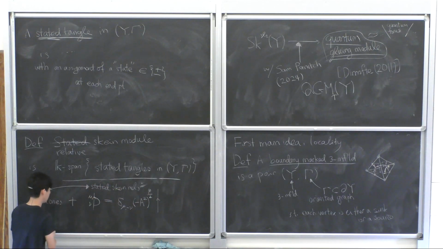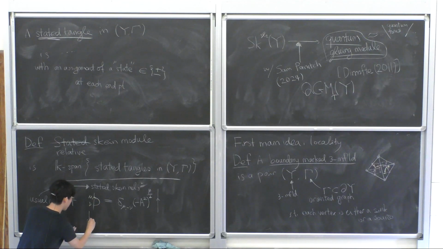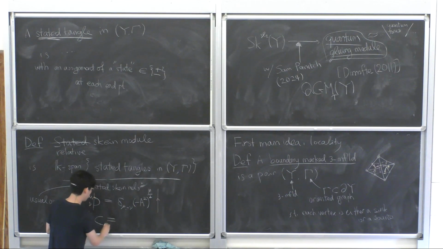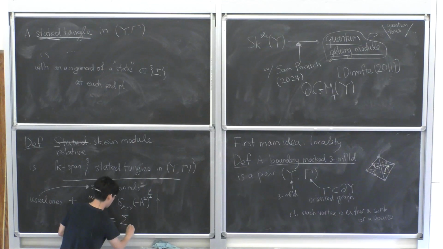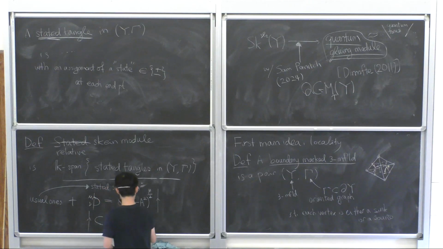There's also a relation that allows us to collide part of a tangle to the boundary, and this can be expressed as a linear combination of two state tangles.